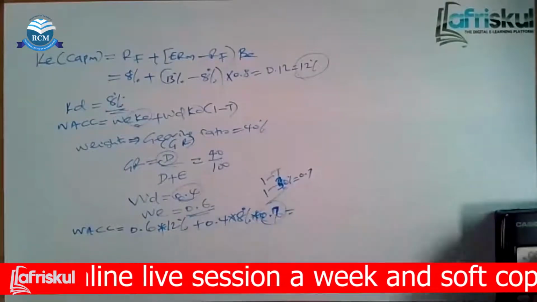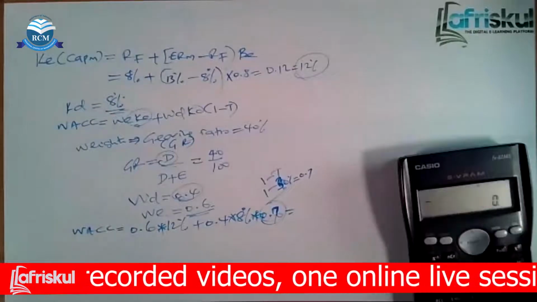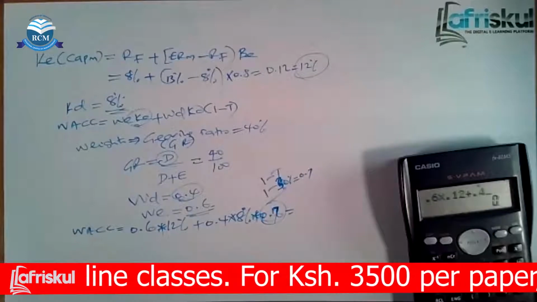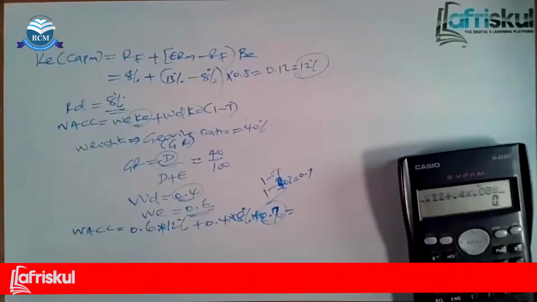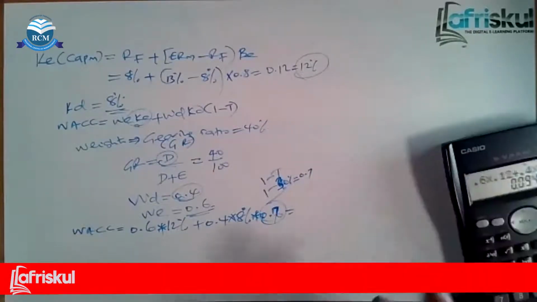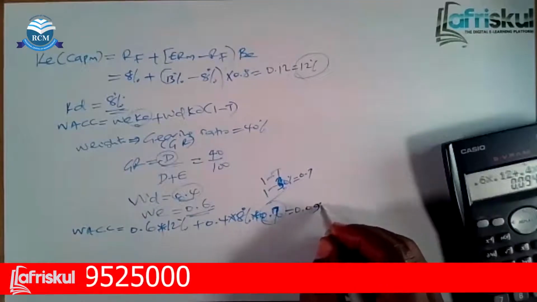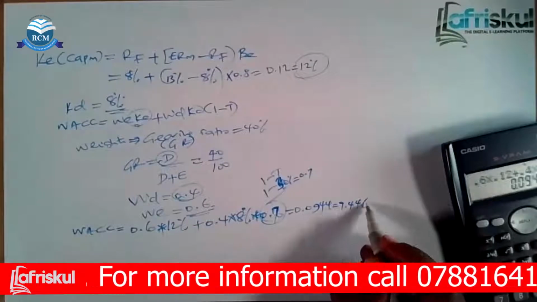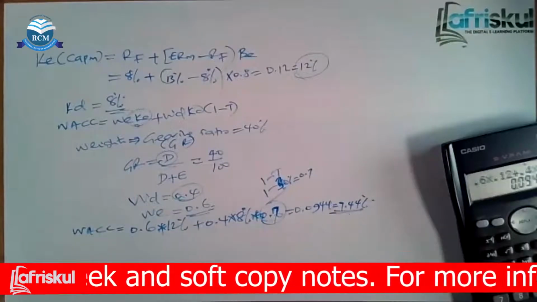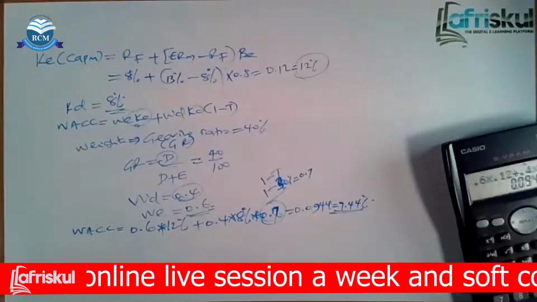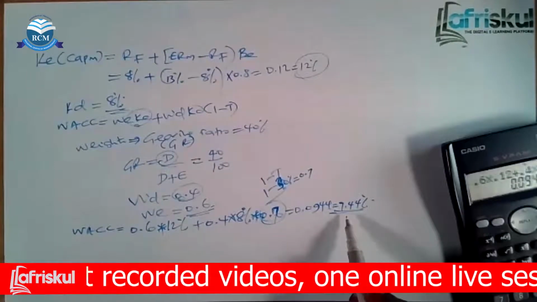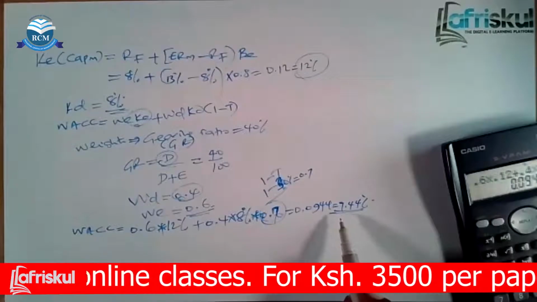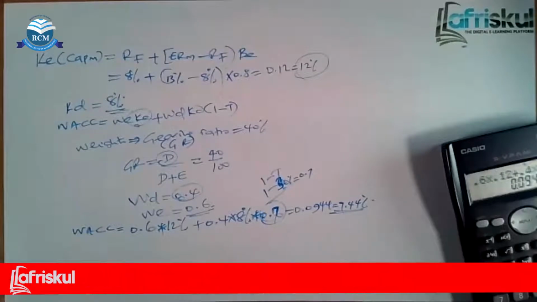So this will be 0.6 times 0.12 plus 0.4 times 0.08 times 0.7, which gives us 0.0944, which is 9.44%. This 9.44% is quite key to us because it is the rate which we shall be using to value the firm using the discounted cash flow method.